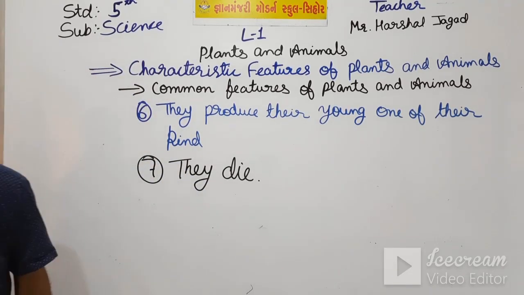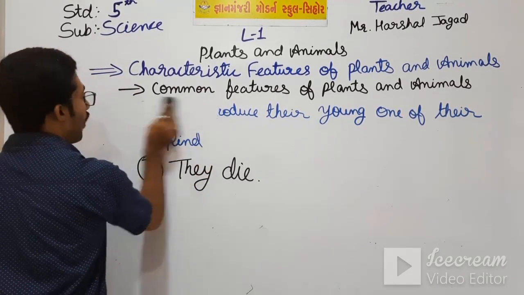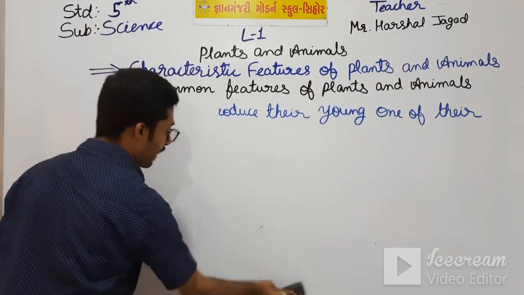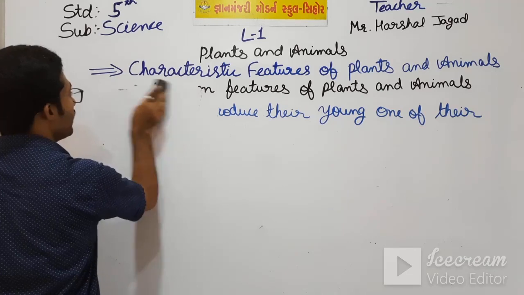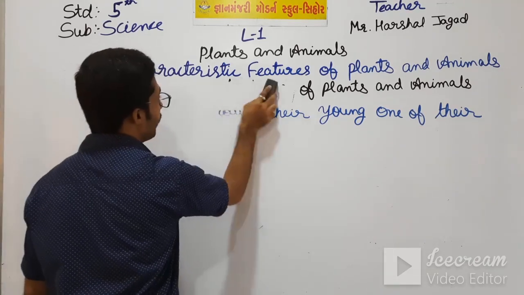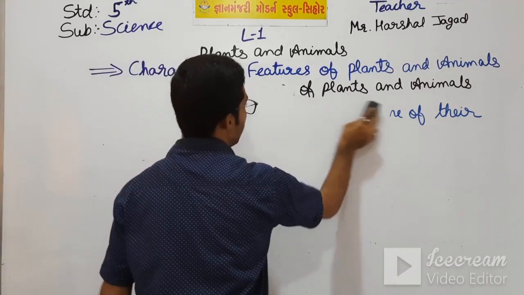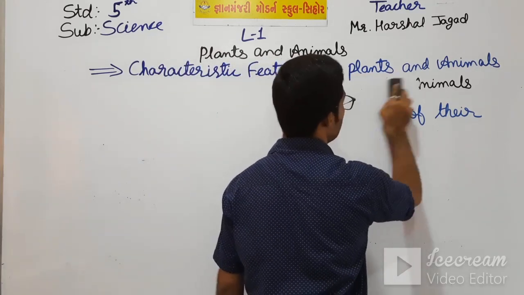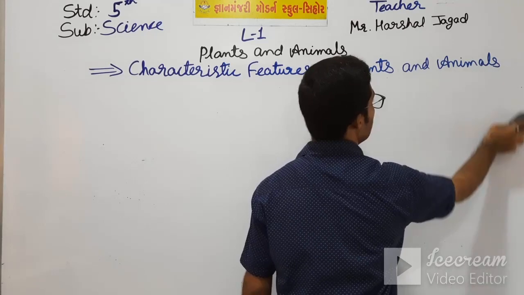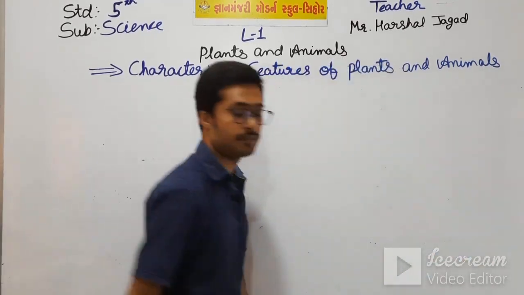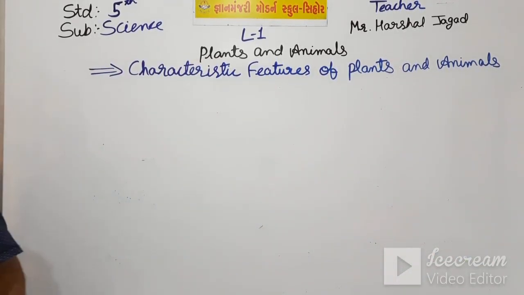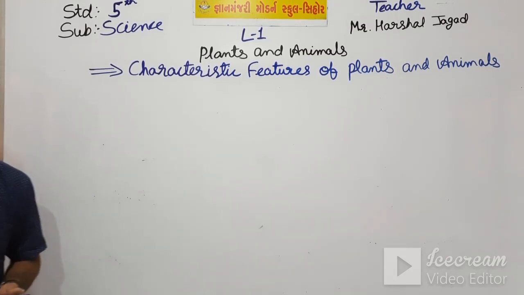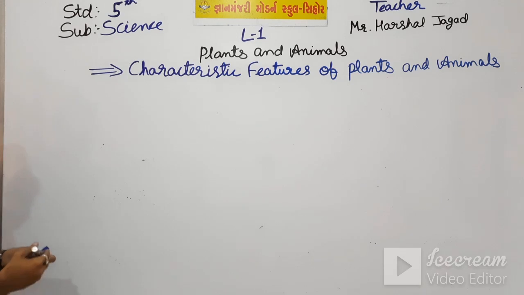Now we will see the difference. These were the common features of plants and animals. Now we will see the difference between them, how the plants and animals are different. So, in your textbook, there is a table on page number 145.